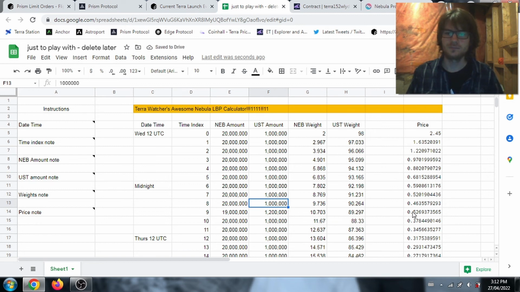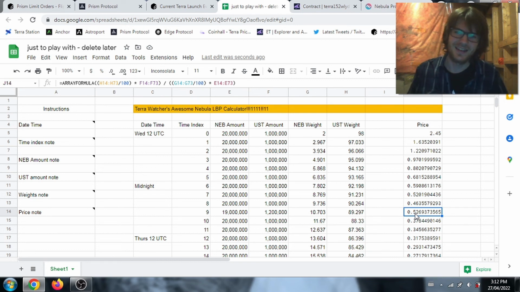Well then, see how it changed? The price is not going to be 40 cents, it's going to be 50 cents, because the price is a function of the weight and the changing composition, so the buy and the sell pressure.